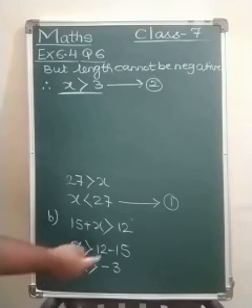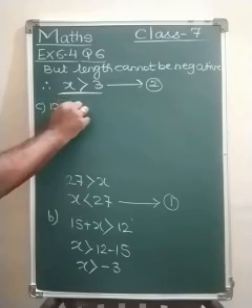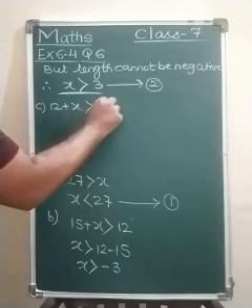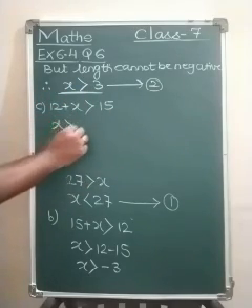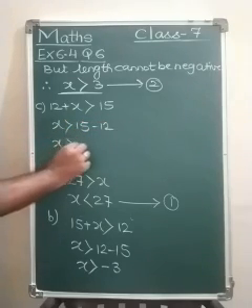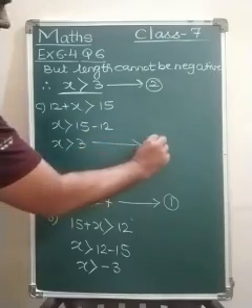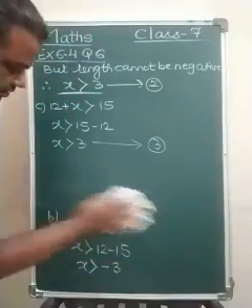Now next is 12 plus x. See, 12 plus x should be greater than 15. So transpose 12 to the other side. x should be greater than 15 minus 12. So x should be greater than 3. So here we have the third equation.